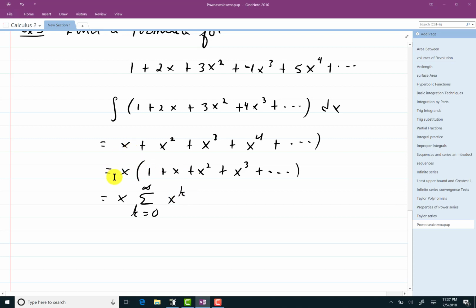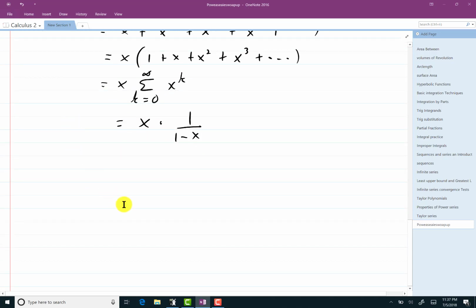And of course, if I want a closed formula for this thing, this will equal x times, we know the formula for that thing is 1 over 1 minus x. So what I have then is x times 1 over 1 minus x equals the integrated version of the series. So x over 1 minus x.